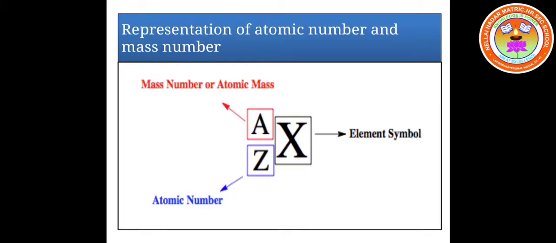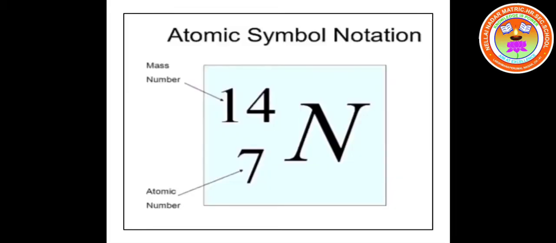So here capital X stands for the symbol of the element. Capital Z corresponds to atomic number of that element. Capital A corresponds to mass number or atomic mass of that element. So this is the representation of an element with atomic number and mass number. The subscript of the element always denotes the atomic number, whereas the superscript always denotes its mass number.